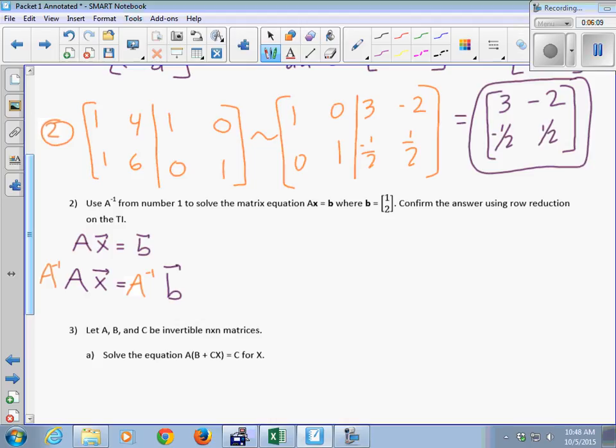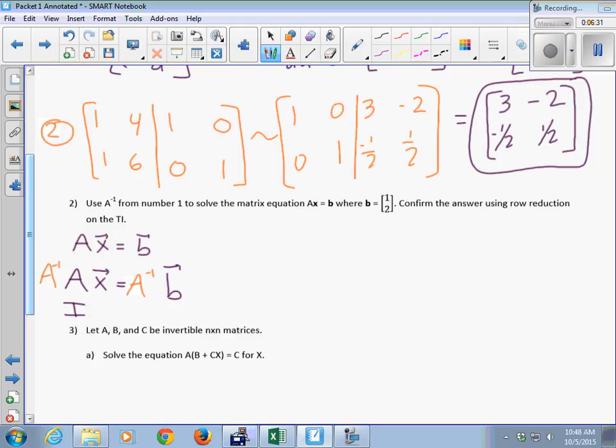So I multiplied both sides of the equation by A inverse. The only thing you have to be careful about is that if you multiply the left side on the left, you have to multiply the right side on the left, because matrix multiplication is not commutative. So see how I put the A inverse on the left on both of them when I multiplied. All right, so A inverse times A is the identity.